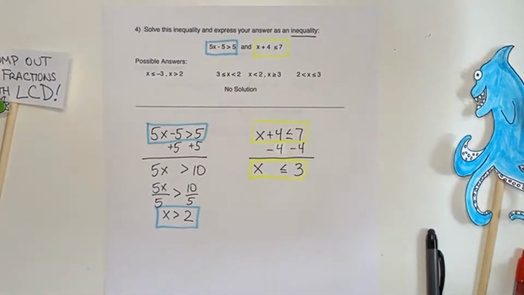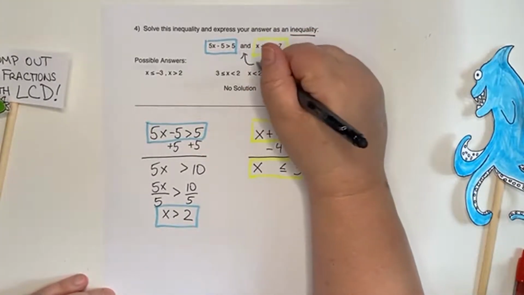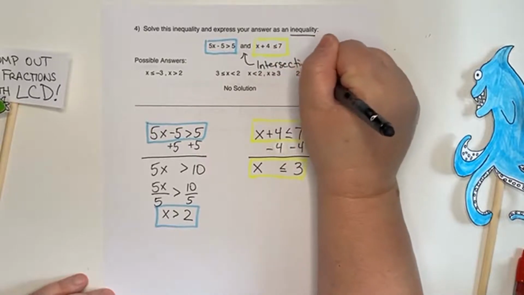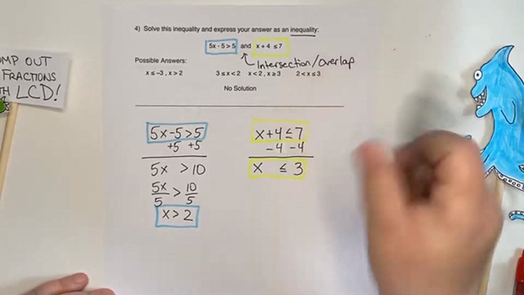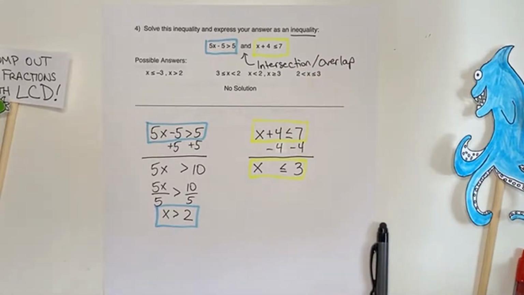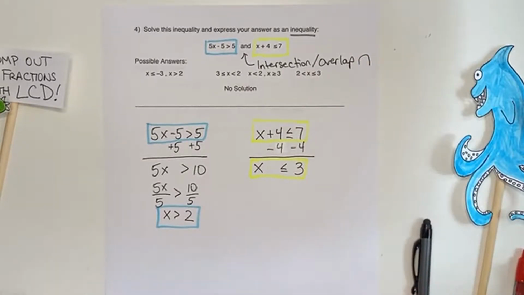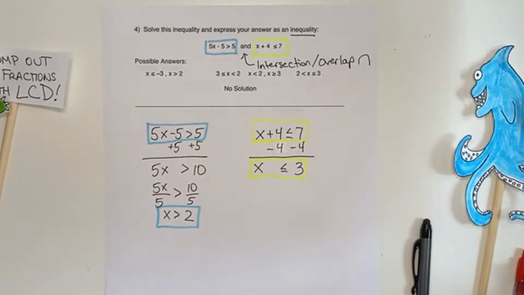So I've got the two inequalities and I want an and. So remember, if I say and, this is an intersection or the overlap. So remember, there was the intersection, which means you just look at what they have in common. And then there's the union, which means we let everybody in.